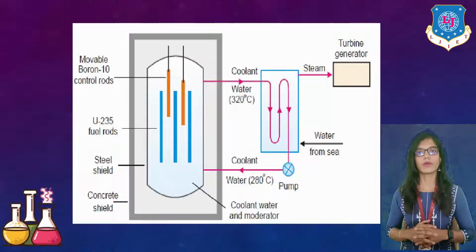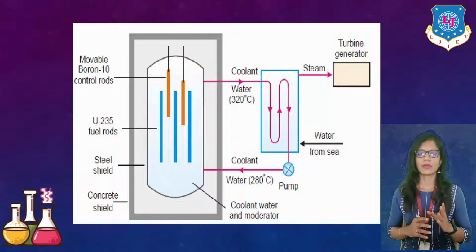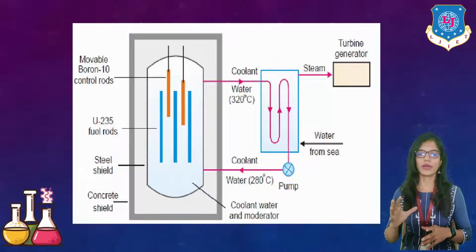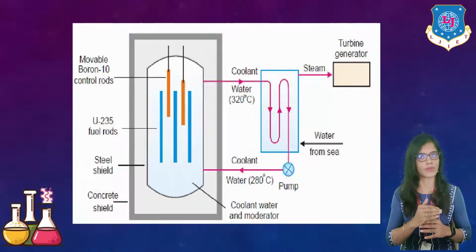Again, as you can see in the image, the coolant is continuously circulated. The coolant is added to the steel shield, and the reaction is going on, so a huge amount of energy will be released. The temperature of the coolant when it enters the steel shield is 280 degrees Celsius.